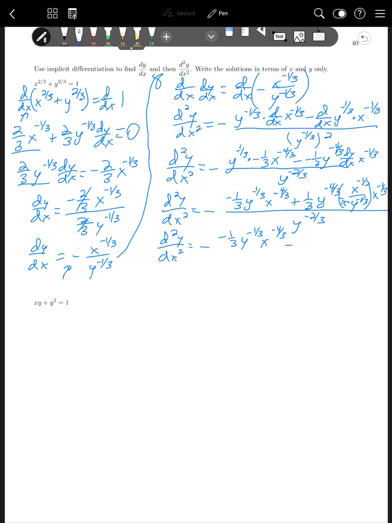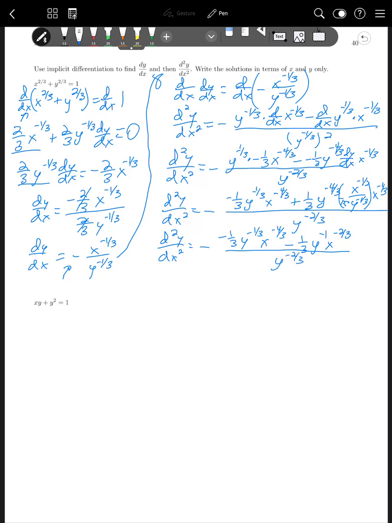So minus, and now we need to multiply these all together. So y to the negative 4/3 divided by y to the negative 1/3. Remember, you subtract exponents. So that's going to end up being y to the negative 3/3, which is y to the negative first. So this will be 1/3 y to the negative first. And then x to the negative 1/3 times x to the negative 1/3 is x to the negative 2/3, all over y to the negative 2/3.